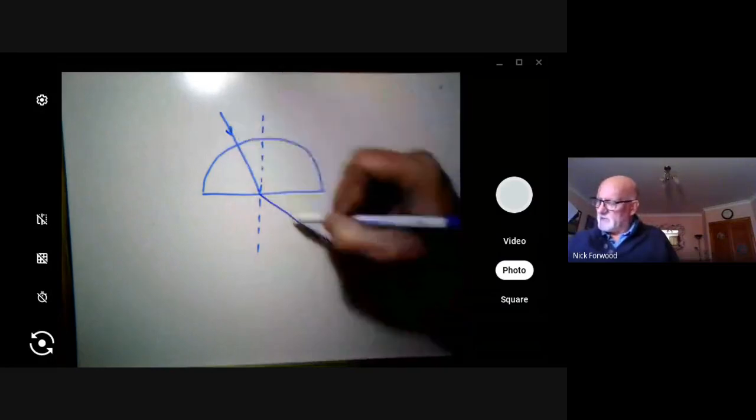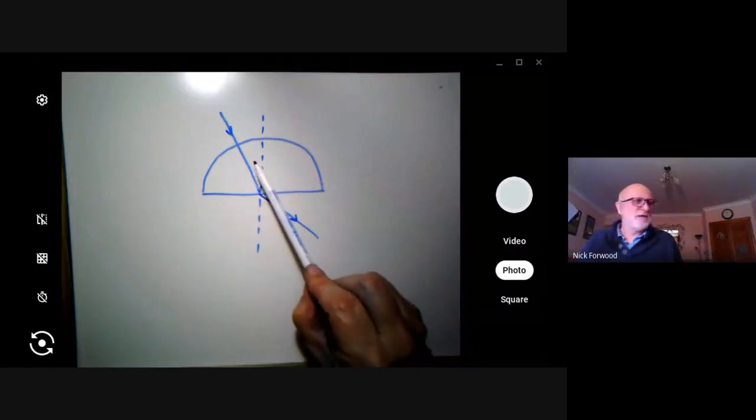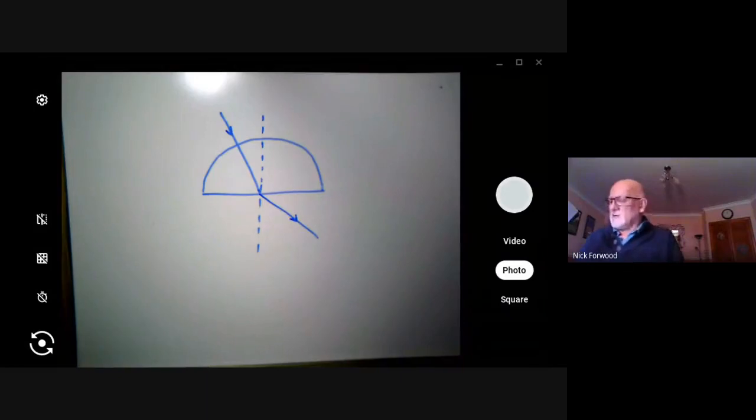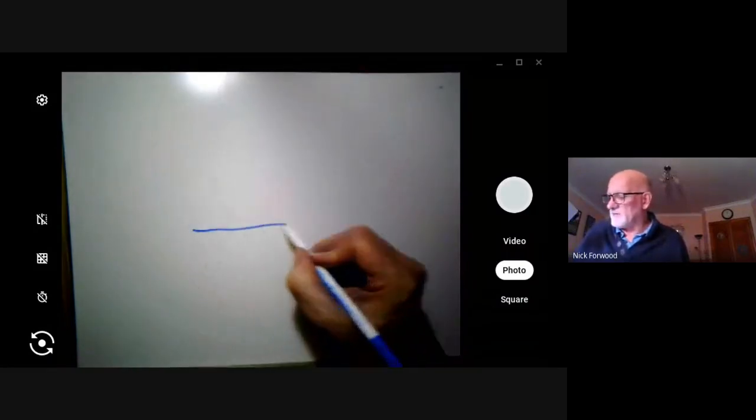So I'm going to have this block of glass, and we're going to look at what happens when we shine rays of light in at different angles. I'm going to redraw that, and I'm going to use different colors. If you've got different colors, great.